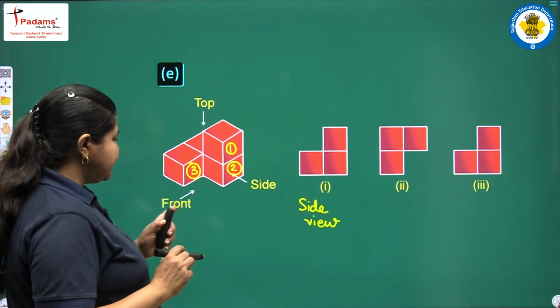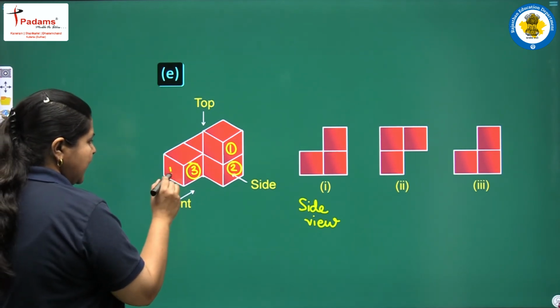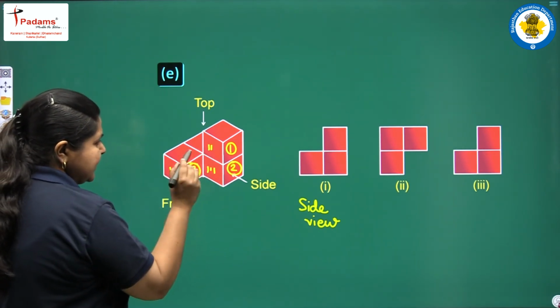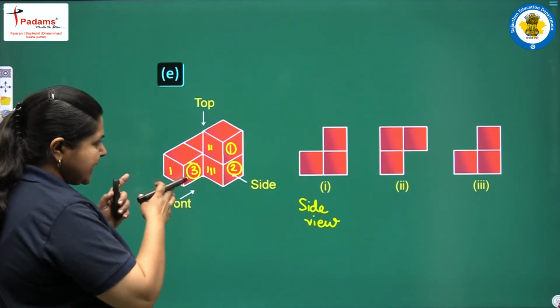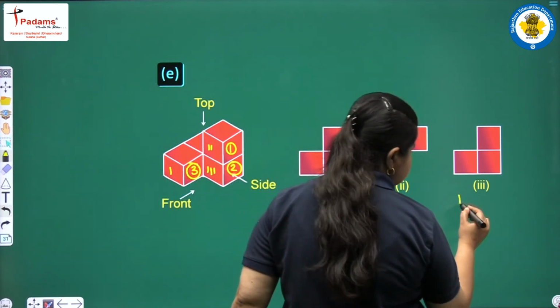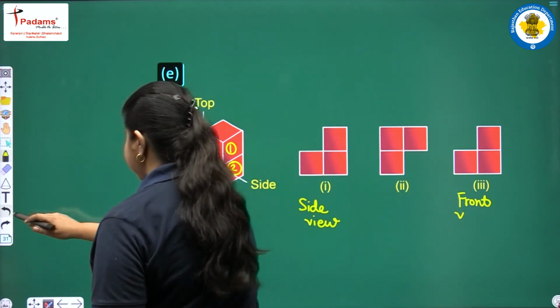Again if you look at it from the front side, तो आप कौन से faces देख पाएंगे? 1, 2 and 3. These 3 faces will be visible if you look at it from the front side, and so this is the front view. You can easily connect.